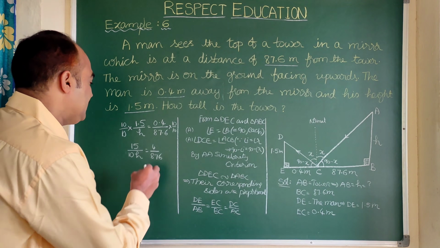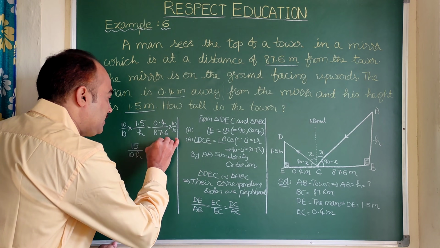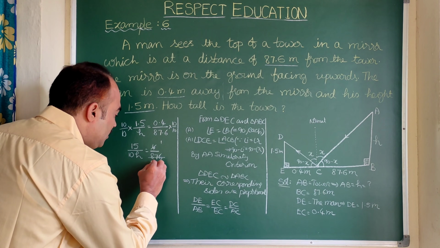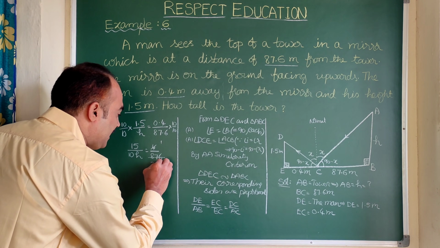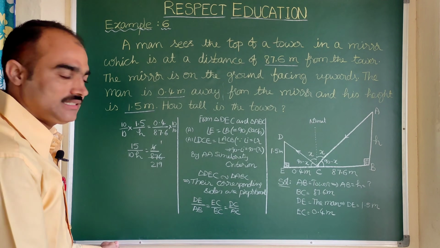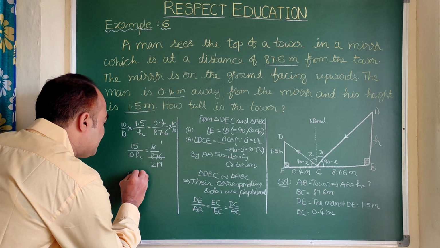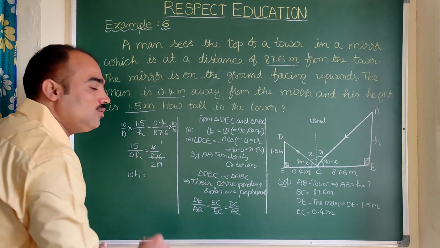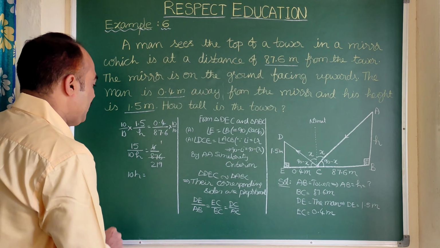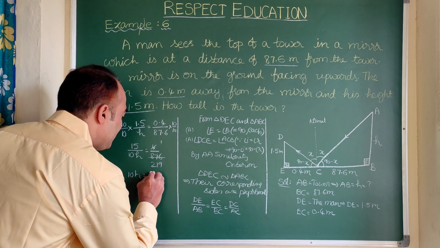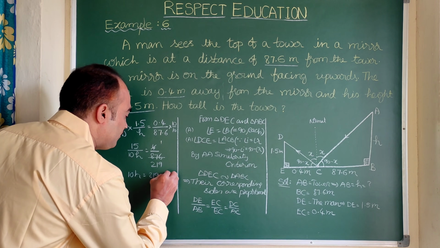Now let us do cancellation. 4 1s are 4, 4 2s are 8, 4 19s are 76. Let us do cross multiplication now. 10H into 1 is 10H, equal to 15 into 219. So let us multiply 219 into 15.